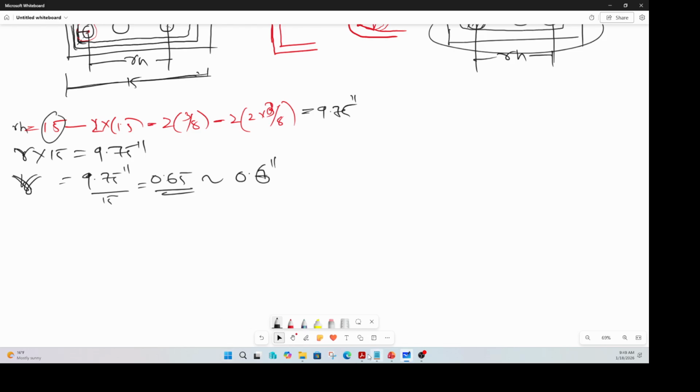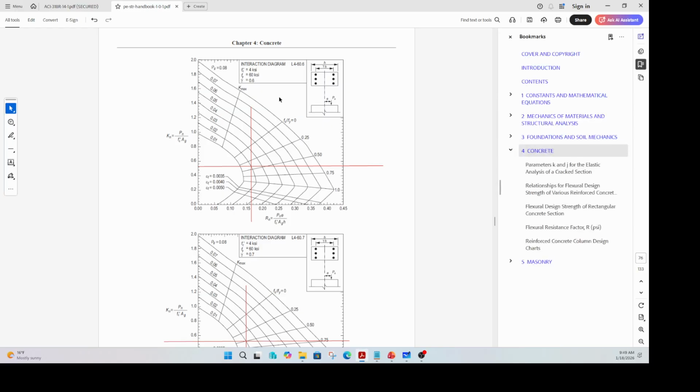Now we know which interaction diagram to go to, because here is an interaction diagram with our gamma as 0.6, Fy as 60, Fc prime 4 ksi. Let's calculate the Kn value and calculate the percentage of steel, so that we know which curve we need to follow.